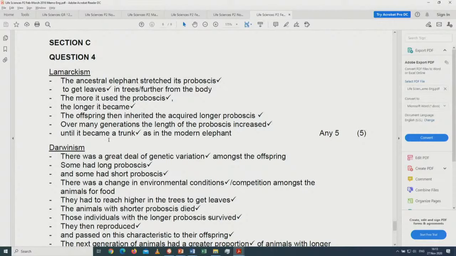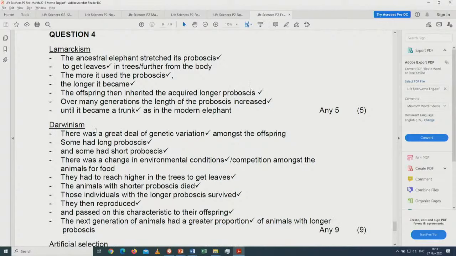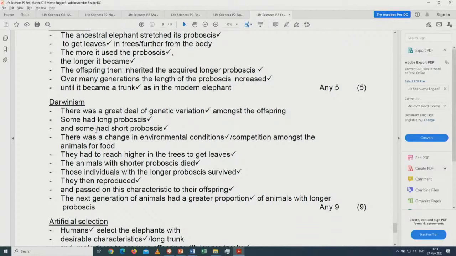Now, Charles Darwin, when he explained how these elephants got a trunk, is that there was a great deal of genetic variation. Some had long proboscis and some had short proboscis. There was a change in environmental conditions, and they had to reach higher in trees to get leaves.